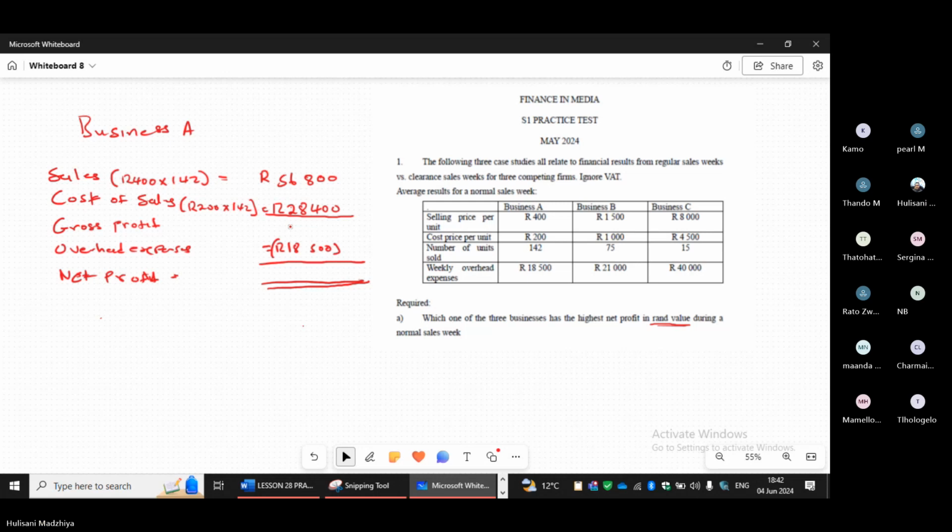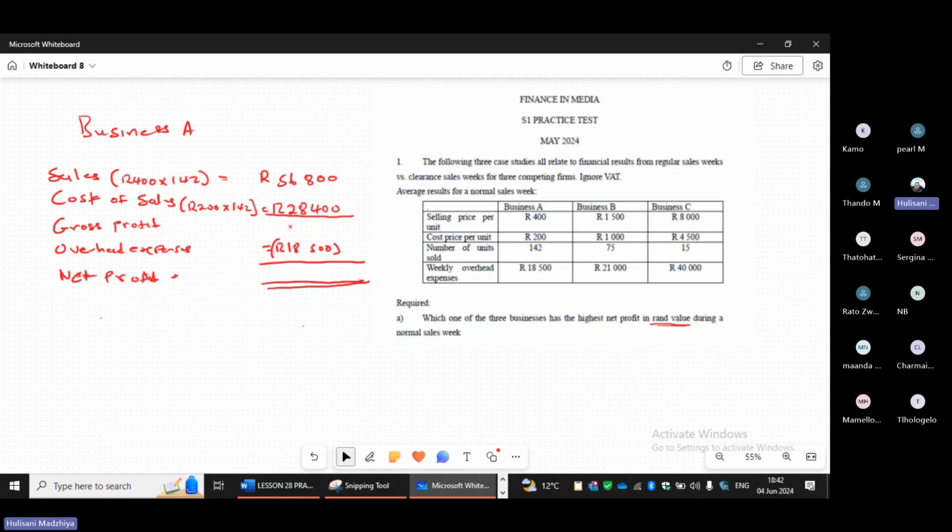In some scenarios, you might actually have to calculate purchases and cost of sales, which are two different things. Cost of sales is based on the number of units that are sold, and purchases is based on the number of units that you actually bought.